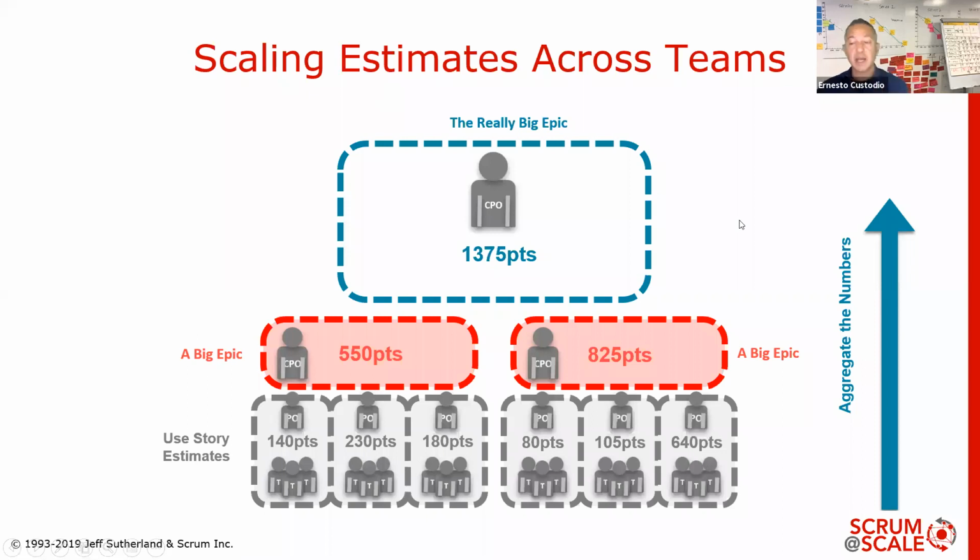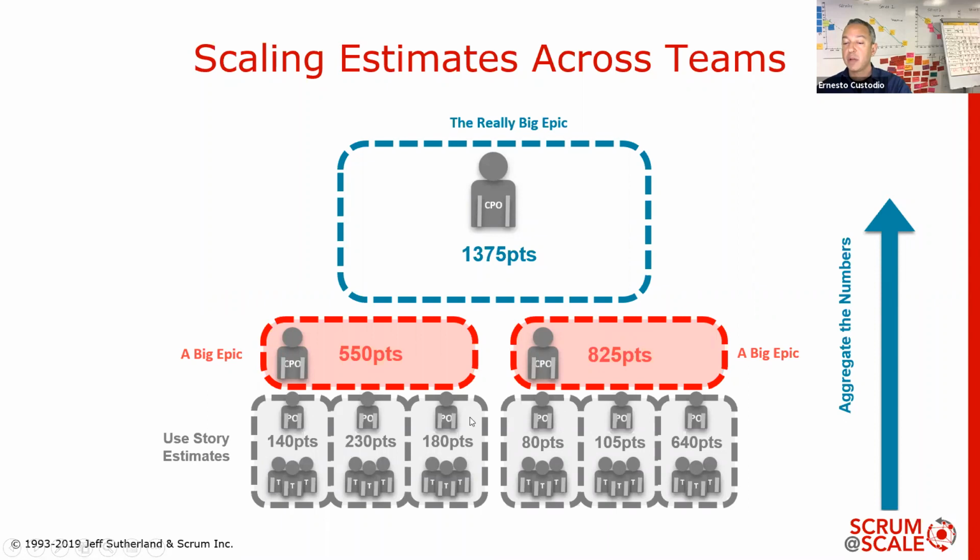When it comes to the estimates across the teams, we're often asked, well, how do you scale the estimates? How do you scale points? And the key takeaway here is that it's perfectly fine to take our points and aggregate them from the individual team estimates.